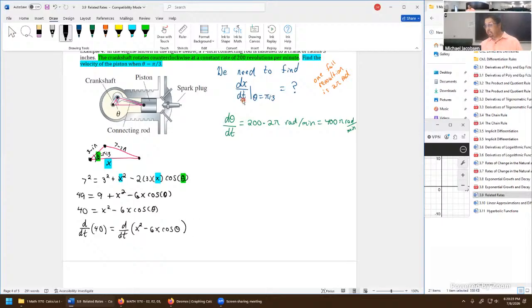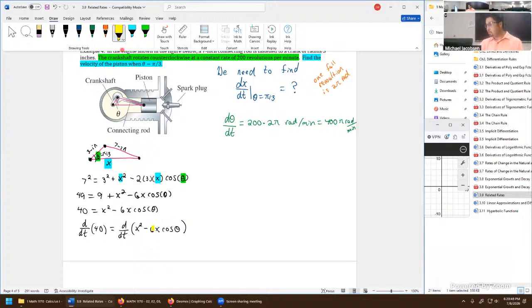But we need to be really cautious with this derivative, just like on all the other problems in these notes. x is a function of time. Theta is also a function of time. The derivatives provided here, asked here and provided here hint at that. So when we differentiate things, like say the x squared, that's a chain rule. When we differentiate 6x times cosine theta, that's a product rule on this one.